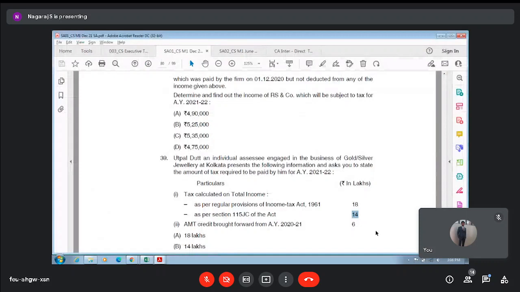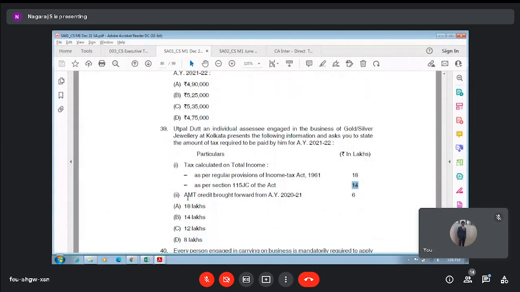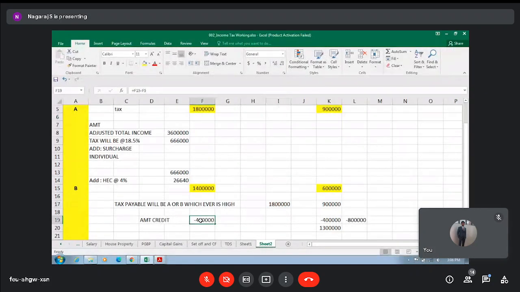Now, the question: AMT credit brought forward for the assessment year 22-23, AMT credit they have brought 6 lakhs. Then tell me how much is the tax payable? Can I deduct entire 6 lakhs? No. Or how much I need to deduct? 4 lakhs.